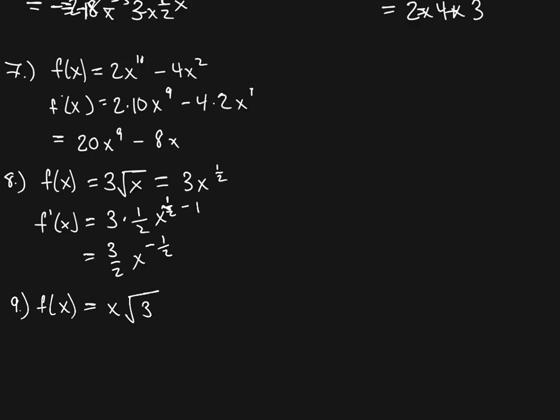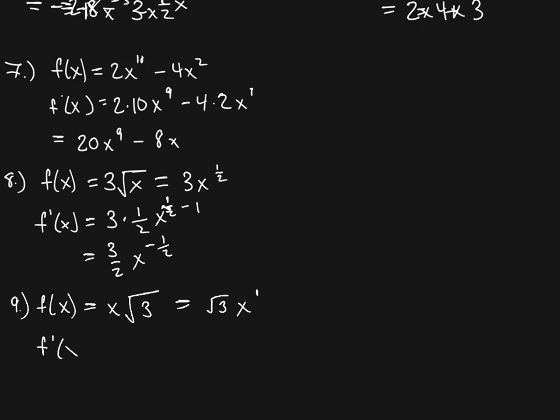There's no variable, but the reason why we can't totally ignore it is because it gets multiplied by x. So as x changes, this is going to change as well, right? So this matters, but we can also treat this as being the square root of 3 times x to the 1, and that looks like something we should be able to take a derivative of.